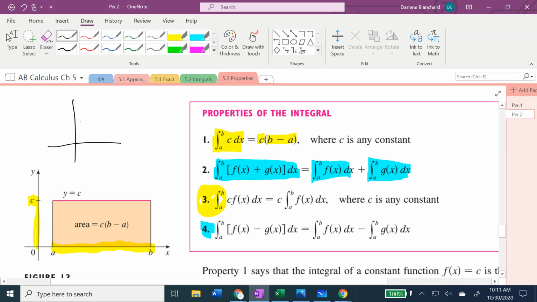If you have some f of x function from A to B, what do you do to the graph when you multiply by C? Do you remember what that does to a graph when you multiply it by a constant? Right?